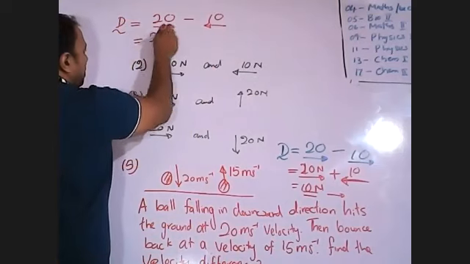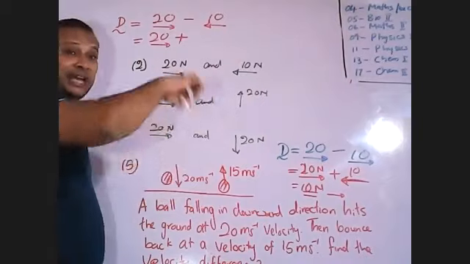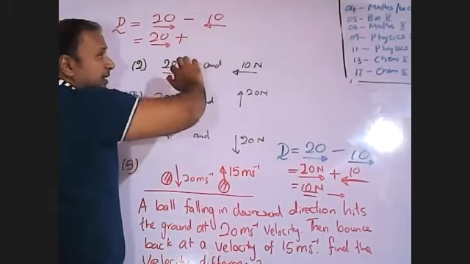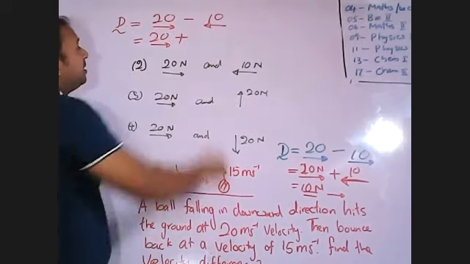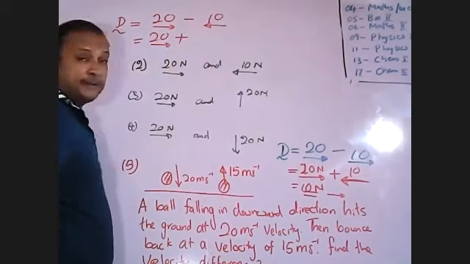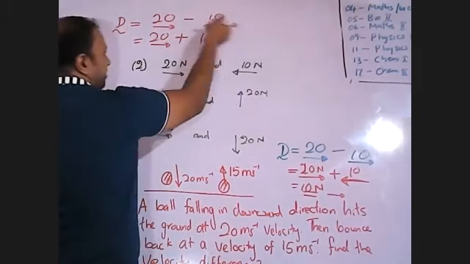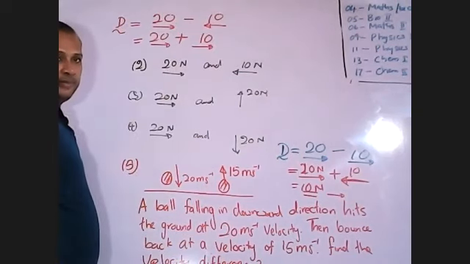So 20 Newton in this way should be added to the negative vector of 10. Negative vector means you have to invert the direction. Initially it was in this way, so negative means it is in that way.